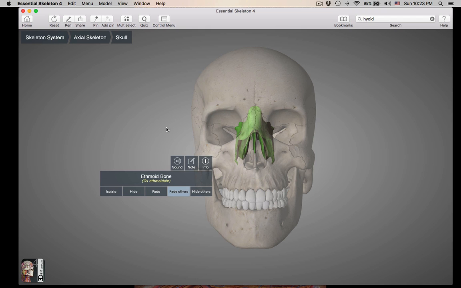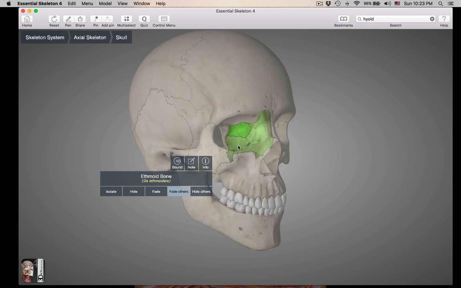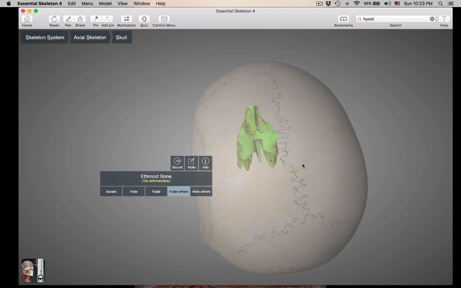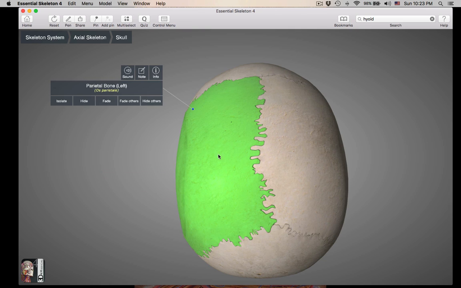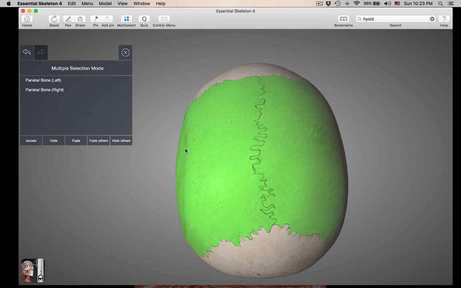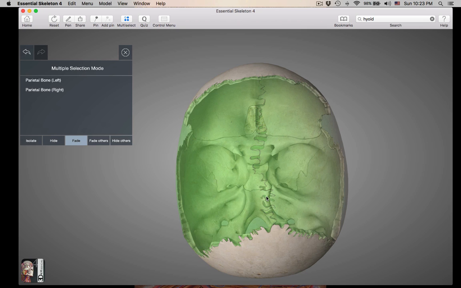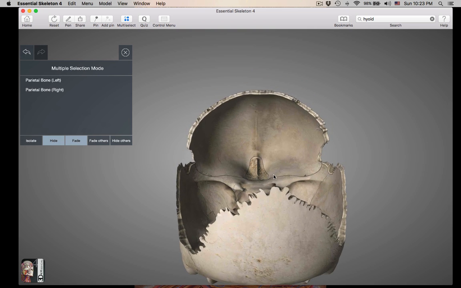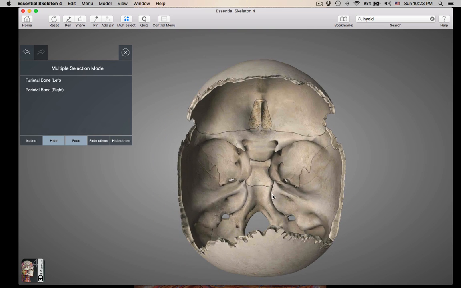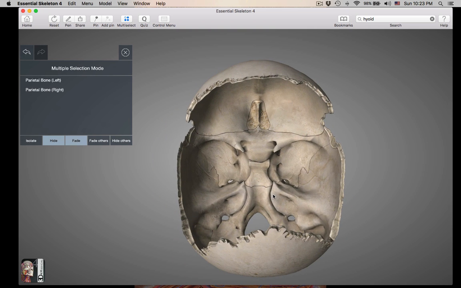So one last thing before we finish off with all our cranial bones, what I'd like to do is I just want to fade out these parietal bones. Actually, let's just remove them. Let's just hide them. So we've kind of taken off the cap of our skull.